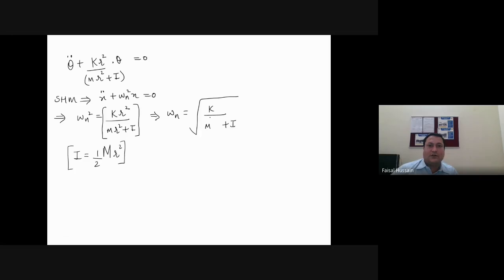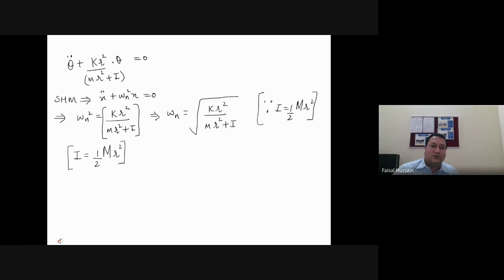First we will substitute all the values: k r square upon m r square plus I, where I is half m r square.